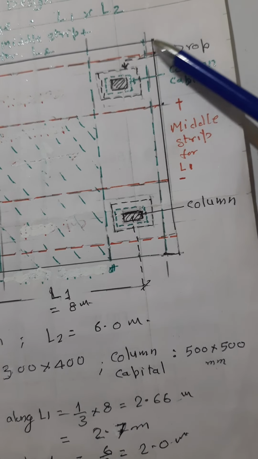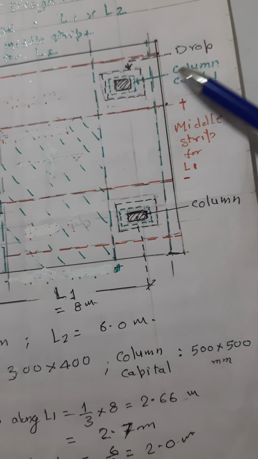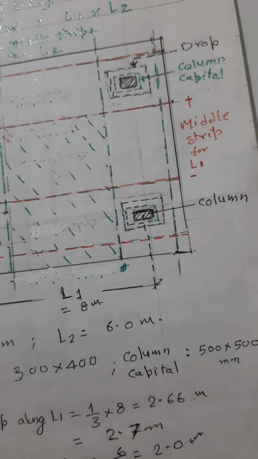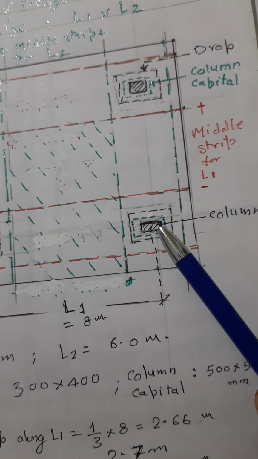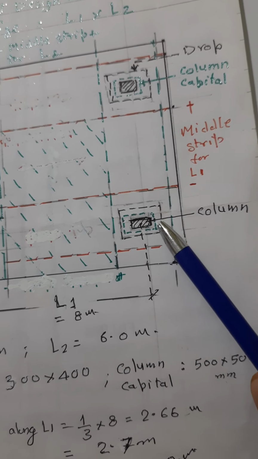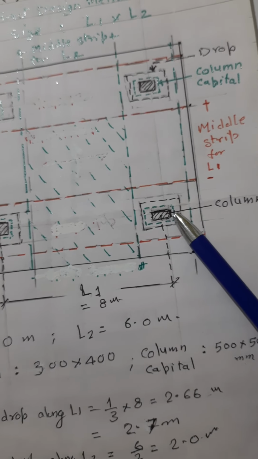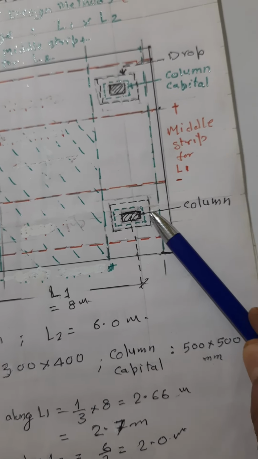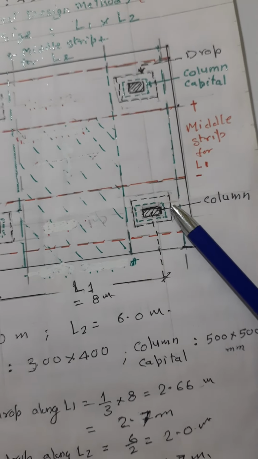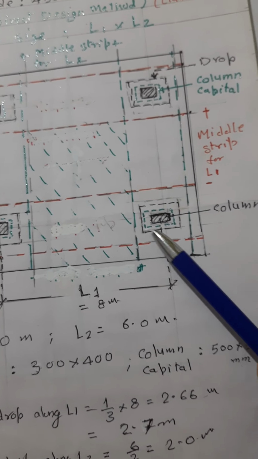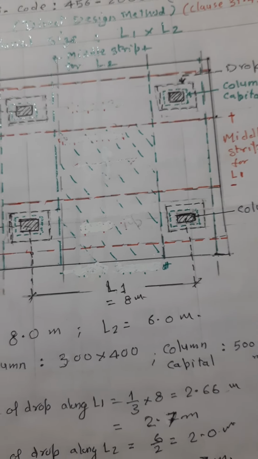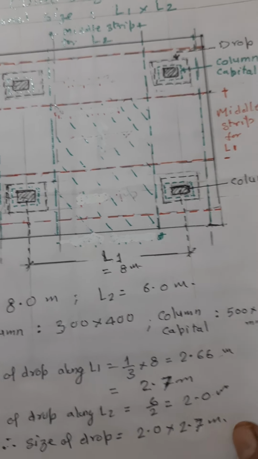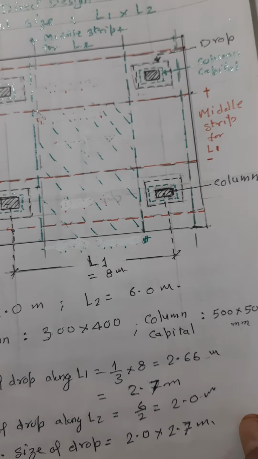The outer one is the drop, the inner one is the column capital, and the innermost is the column. This is the column, just here there is a column capital, and just like this we count as a drop, and this is nothing but the width of the end strips or edge strips.